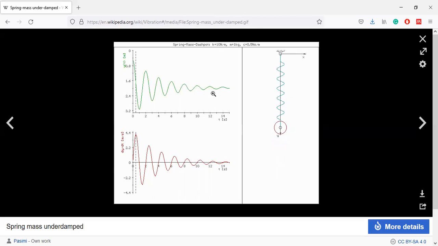When the zeta value is equal to 1, that implies the critical damping case. Then the vibration will go down very fast in the first cycle without crossing the mean position. It will go to a far distance in time.